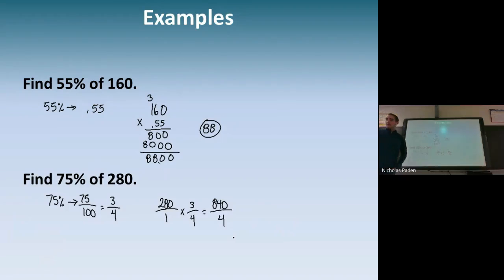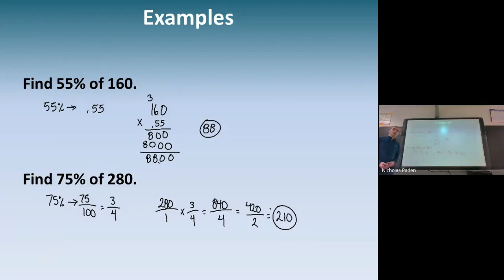And then I will simplify 840 over 4. I could divide them both by 2 to get 420 over 2. And then if I divide that by 2 one more time, I get 210 over 1, or just 210. So 210 is 75% of 280. So that's giving you both methods, using a fraction or using a decimal.